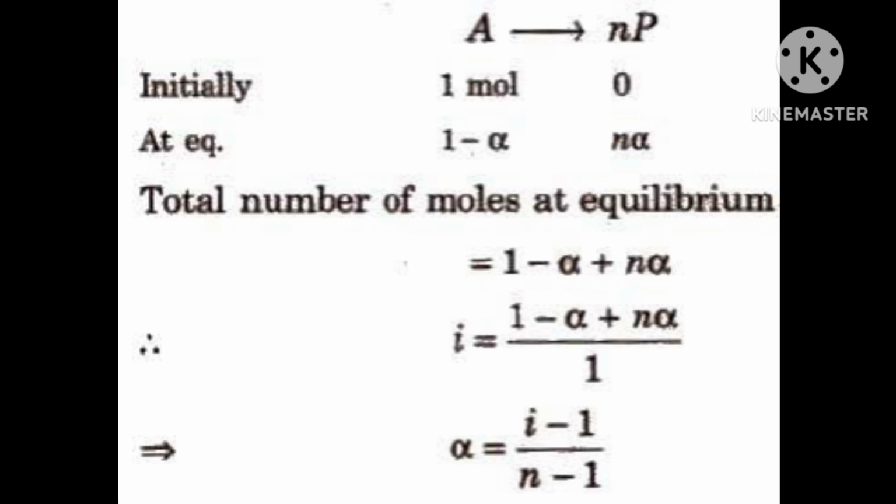One mole is giving 0.992, then 100 moles will give how much? You have to multiply 0.992 into 100. One mole is giving 0.992, then multiplied by 100 you will get 99.2.